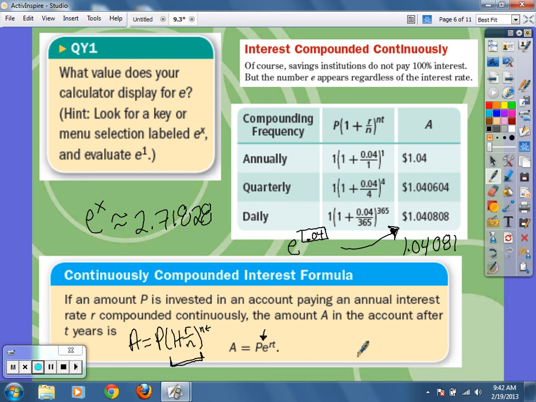Okay, so the formula becomes, on continuous compounding, A equals Pert, P e to the rt, and this used to be easier for kids to remember because there used to be a shampoo called Pert, like Pert Plus or something. It was like a green bottle, and they used to do lots of commercials. I don't really think I've seen that in a long time, that commercial, but that is the formula right here. It is very much like this. You take out the parenthesis and you're replacing that with e.